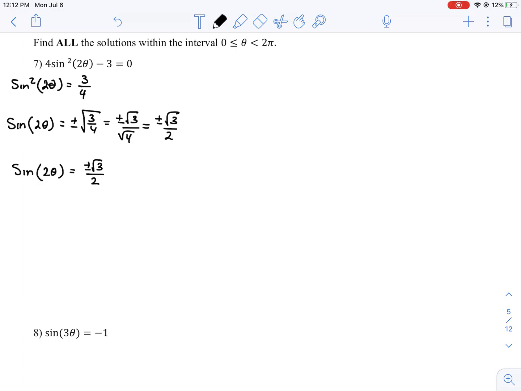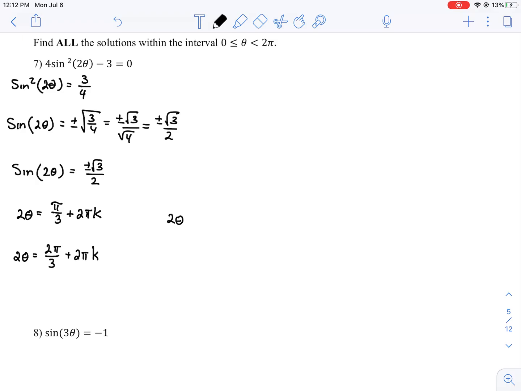All right, so we need to figure out when sine is equal to positive square root of 3 divided by 2, and when sine is equal to negative square root of 3 divided by 2. Well, if 2 theta is equal to pi thirds, and if 2 theta is equal to 2 pi thirds, sine of 2 theta will be positive square root of 3 divided by 2.